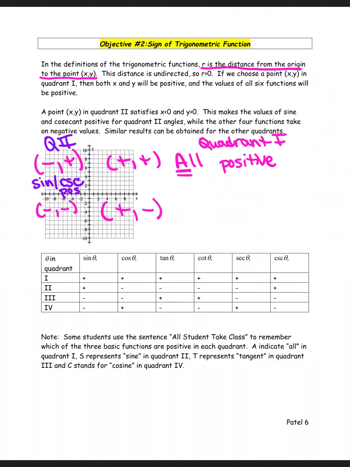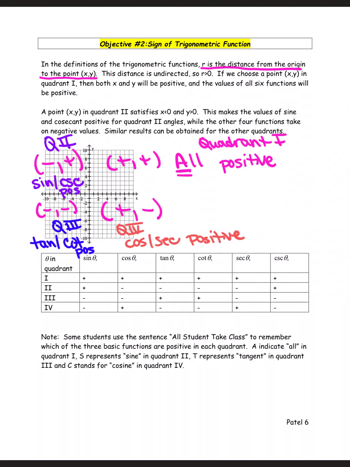In quadrant 3, tangent and cotangent are positive. And in quadrant 4, cosine and secant are positive. And the rest are all negative.